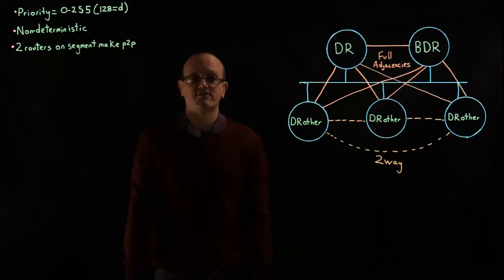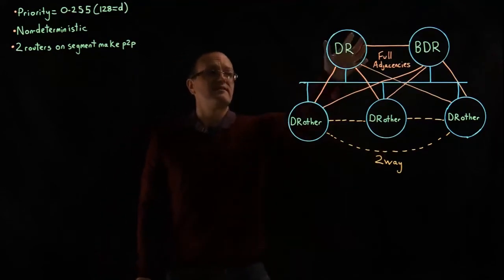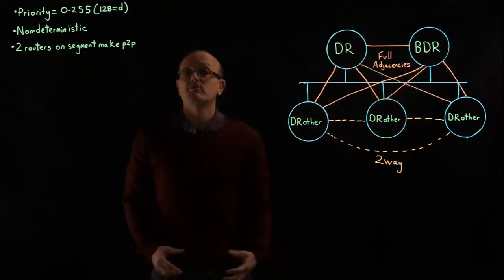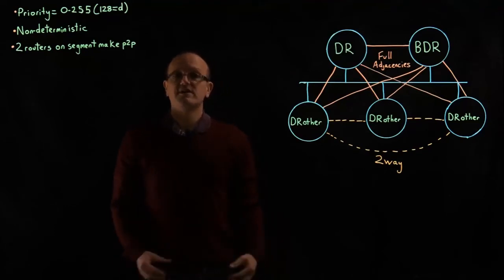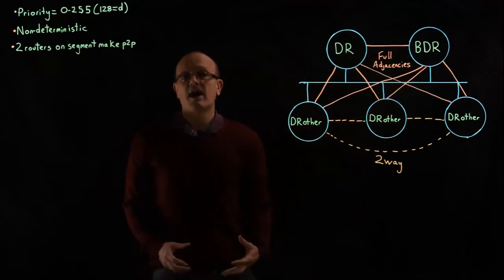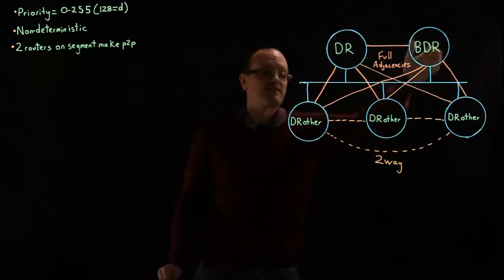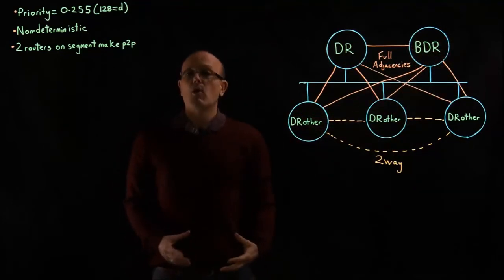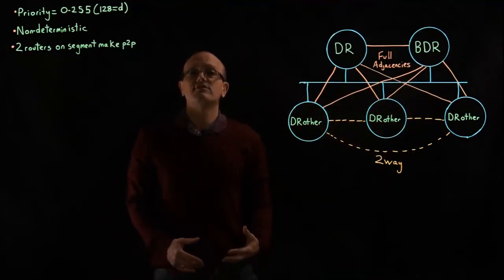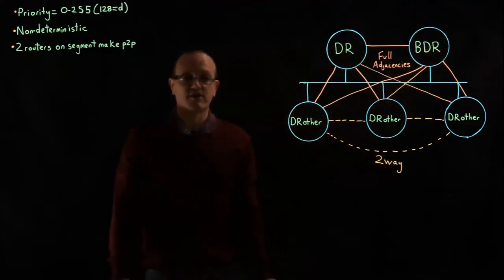So to resolve this inefficiency, OSPF has this concept of designated routers and backup designated routers. So what we have is, instead of neighbor relationships between all devices on a LAN network, we have nominated 2 routers, the designated router and the backup designated router, and then all other routers on that segment only have full neighbor adjacencies to the designated router and the backup designated router.